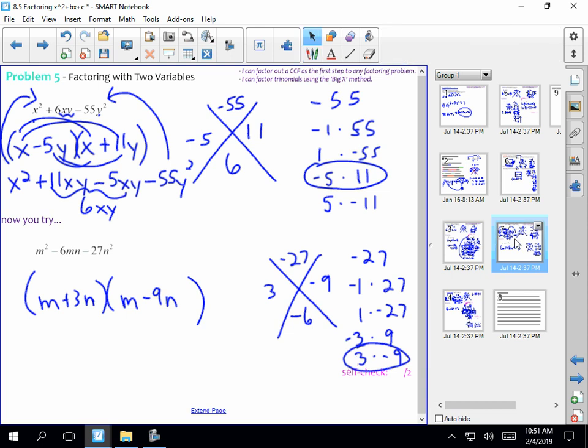All right, so there it is. That's factoring what we call the simple quadratics.